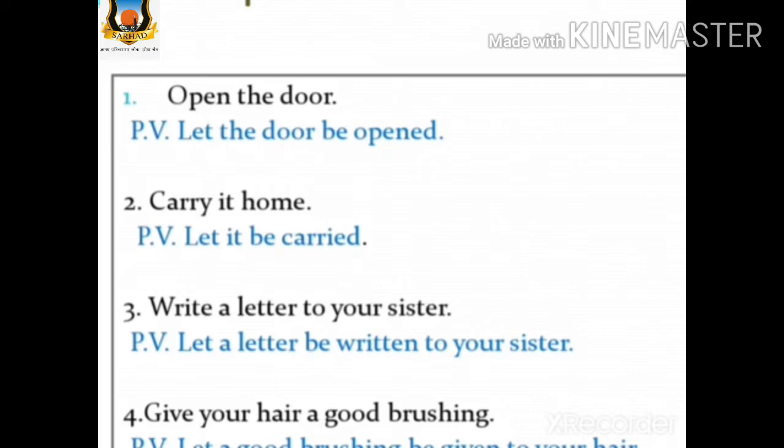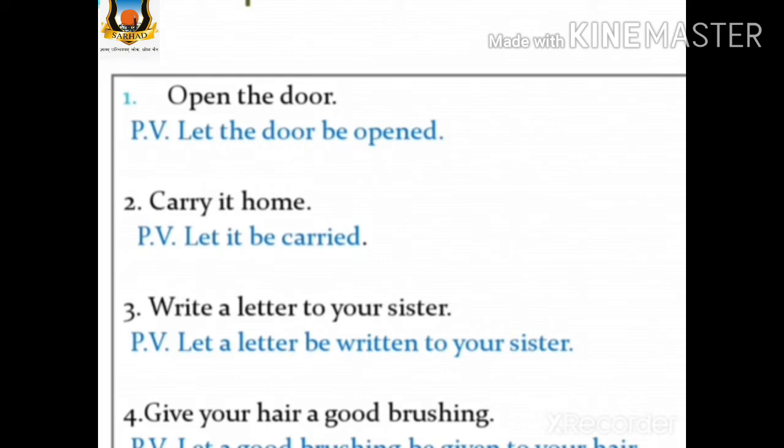So it comes: let a good brushing be given to your hair. In this way we convert the imperative sentences of active voice into passive voice. Clear everyone? Do you remember the formula? Verb plus object is equal to let plus object plus be plus V3 form of the verb. This is the formula of imperative sentences.